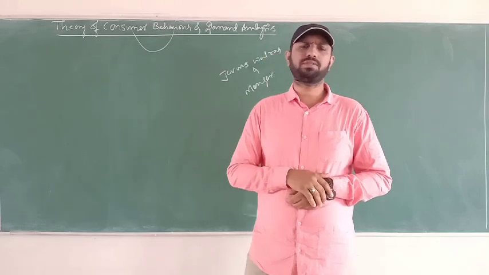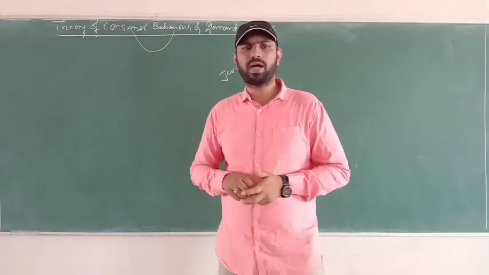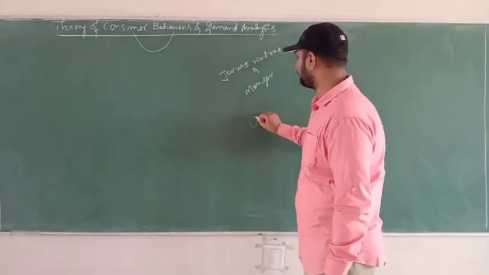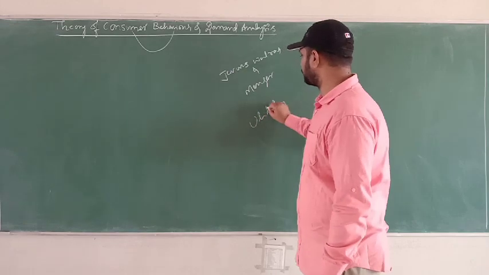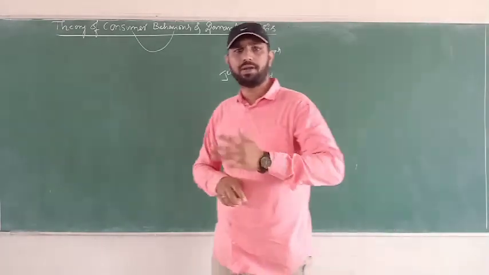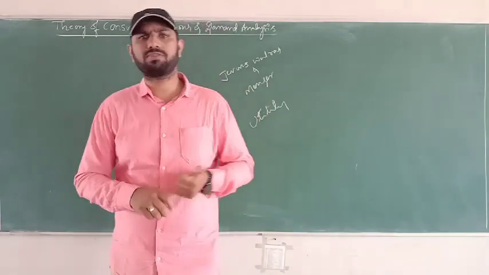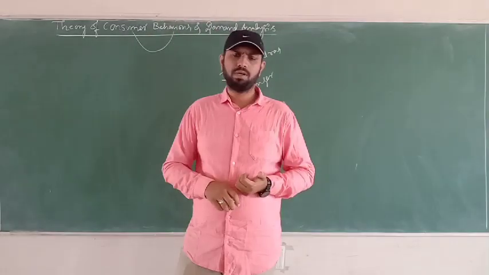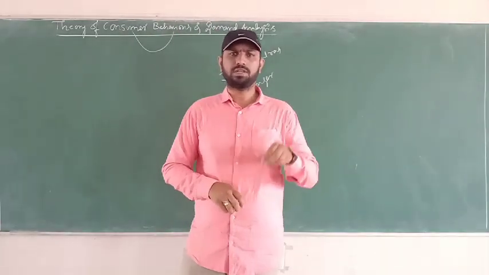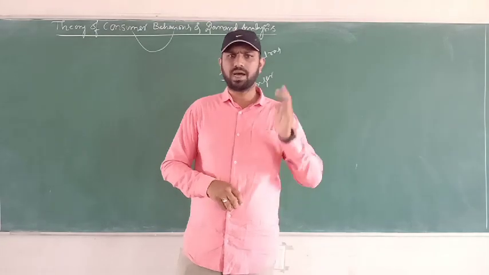For that purpose, they coined a new term for understanding consumer behavior, called utility. You all know that utility is the want-satisfying power of a commodity or service. Because of that utility, consumers behave differently in the market.